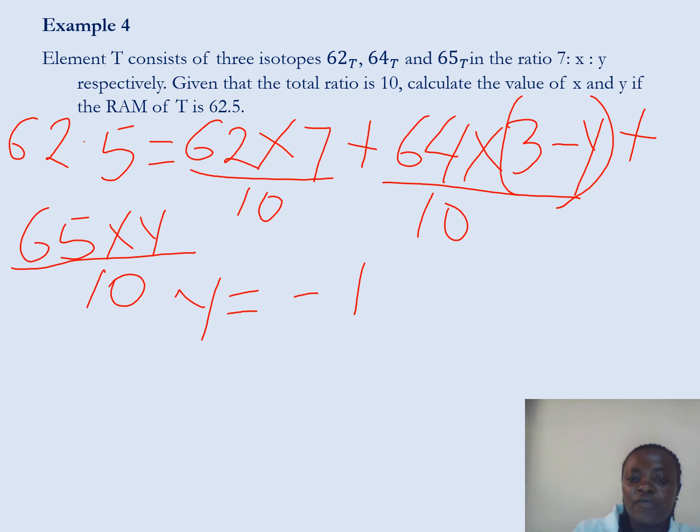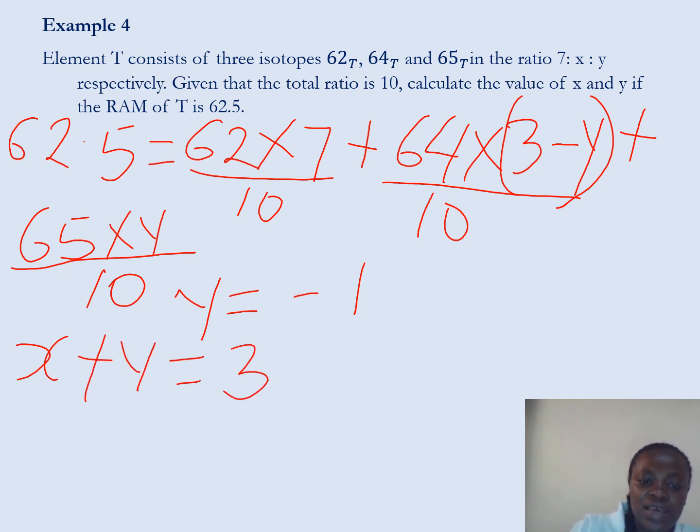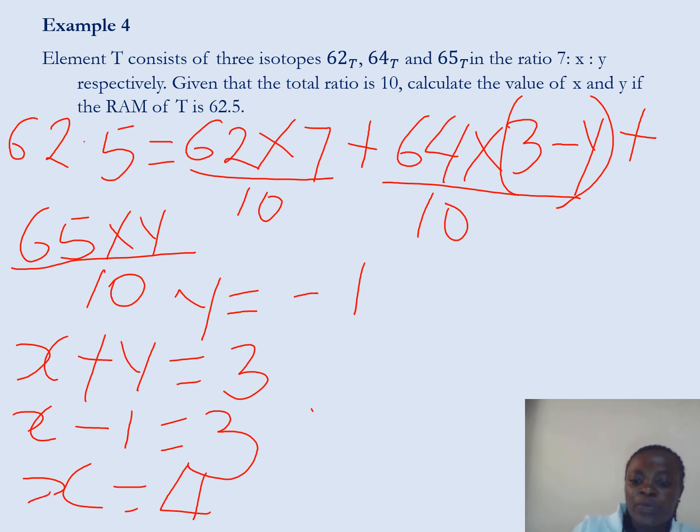So y is -1. We said that x plus y should give us 3. So what is x? With y equal to -1, x plus (-1) should give us 3. So x, taking -1 to the other side, is 4.